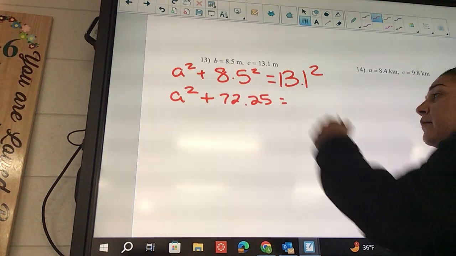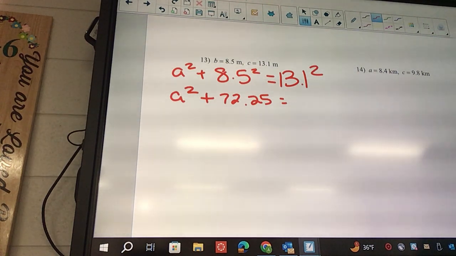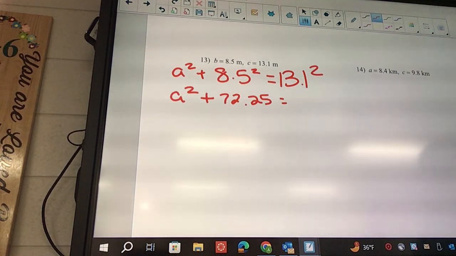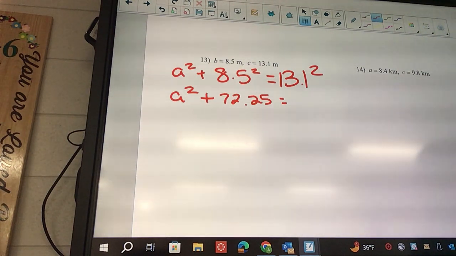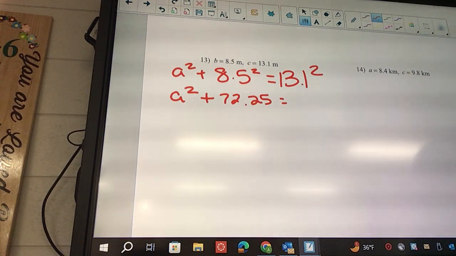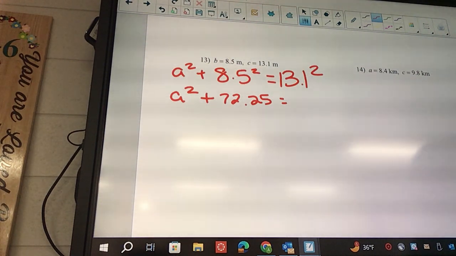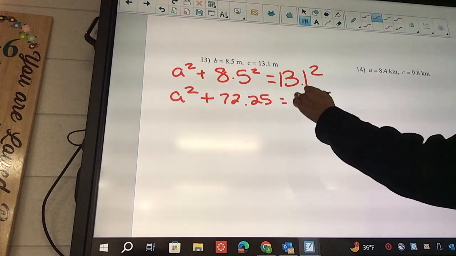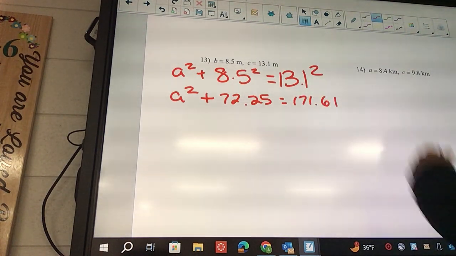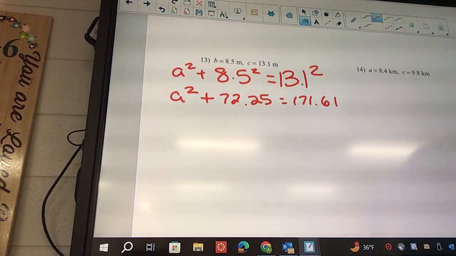Somebody agree with that? Feels weird. Is that right? I know you're saying it's right. You're the one that gave it to me. Okay. 13.1 squared. 171.61. Okay.